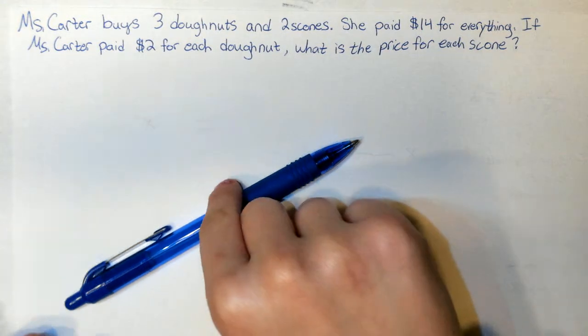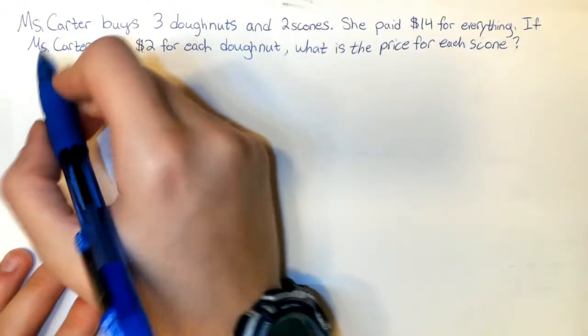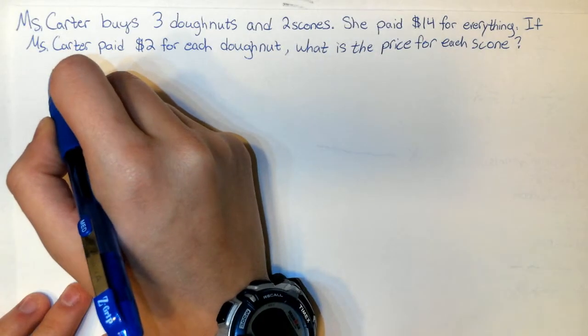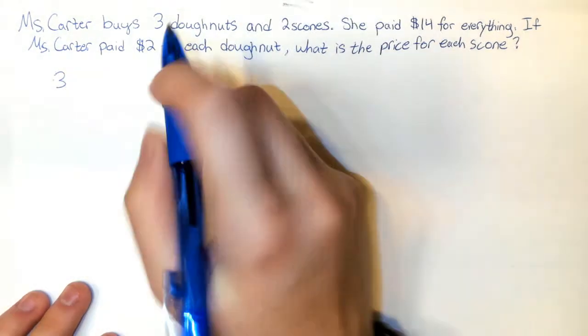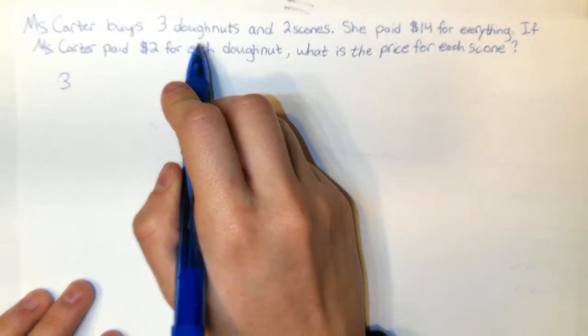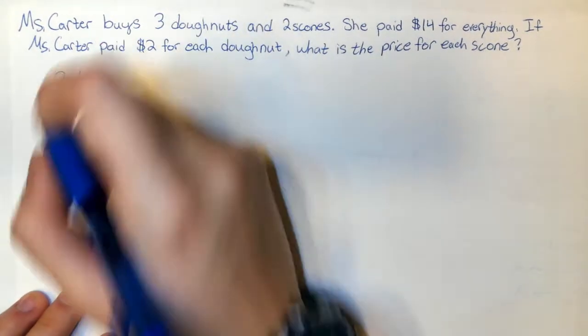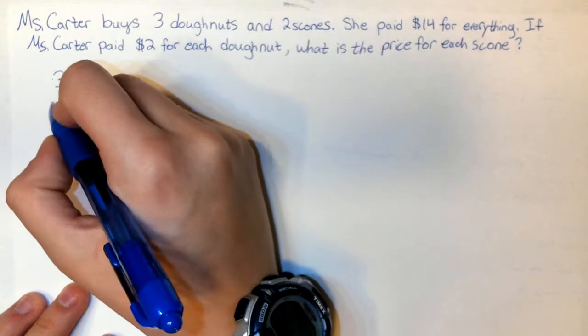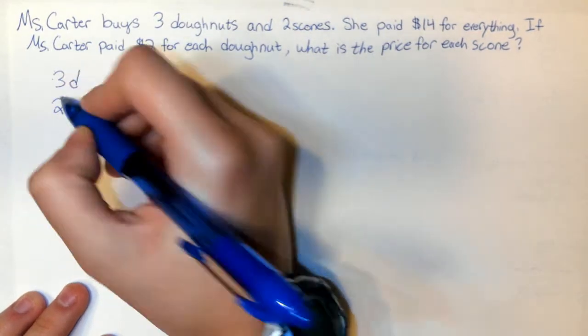Alright, so let's go ahead and write our important information. So we have 3 donuts. I'm going to use the variable d. And 2 scones. So I'm going to use 2s.